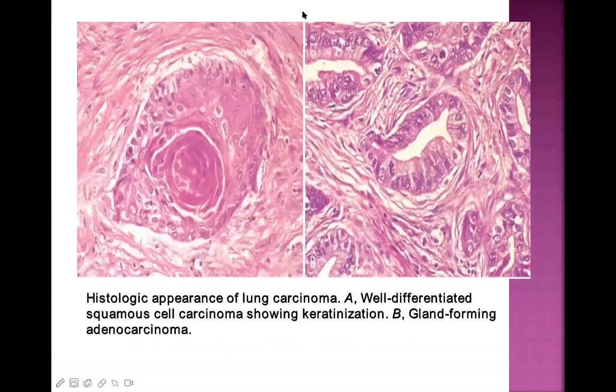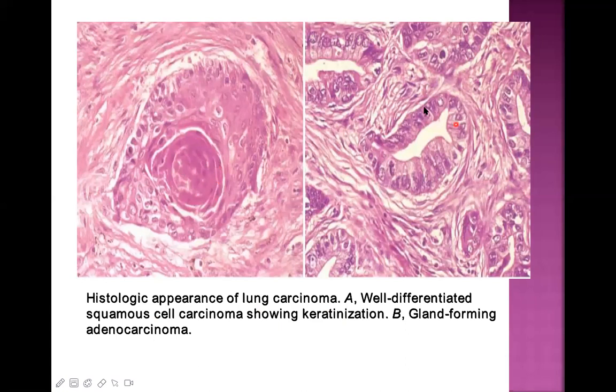Now look at this picture here. This is a histological appearance of lung cancer. This is a well differentiated squamous cell carcinoma showing keratinization. This is called keratinization or keratin pearl, a rounded structure which looks pinkish under the microscope.